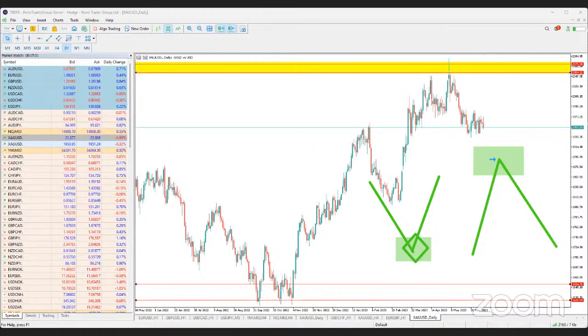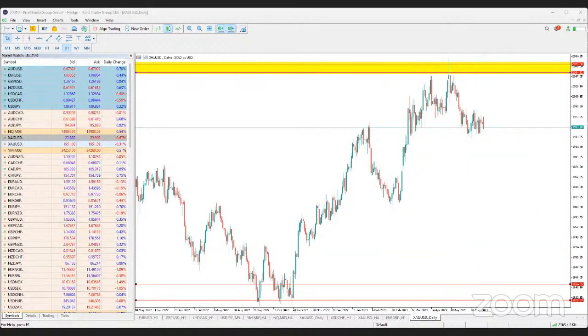Okay, guys. As I told you before, this is going to be an introduction to how to anticipate the future movement of the market. If you have a series of peaks and troughs that are going upwards, you have an uptrend. If you have a series of peaks and troughs that are going downwards, you have a downtrend.